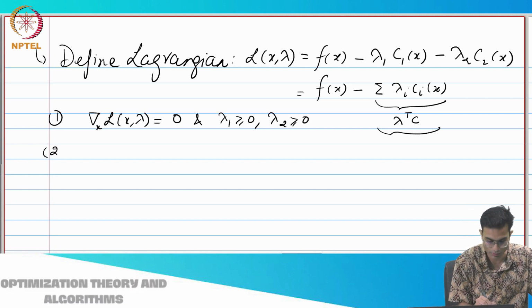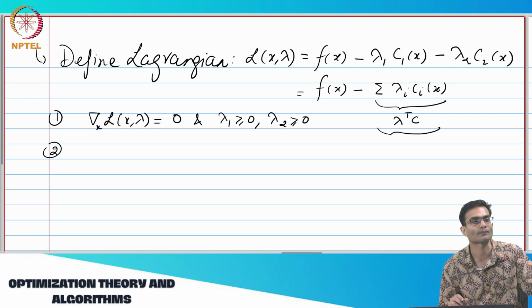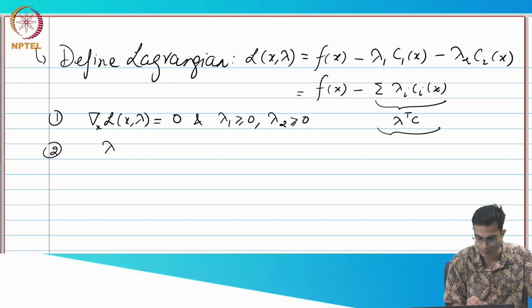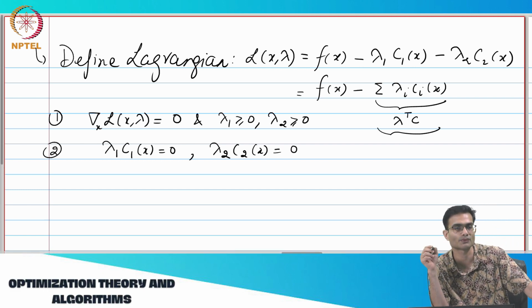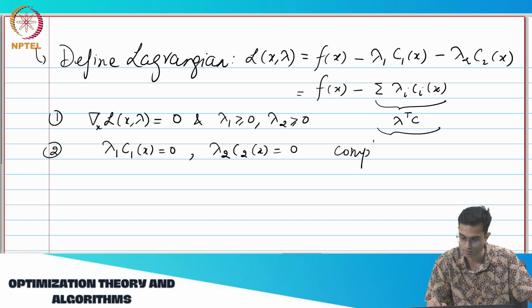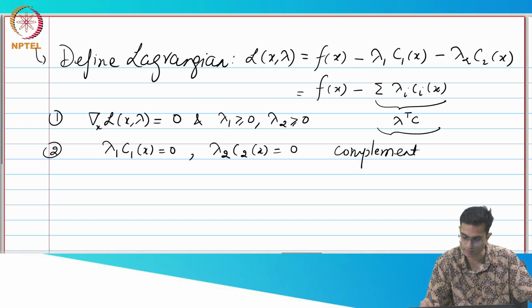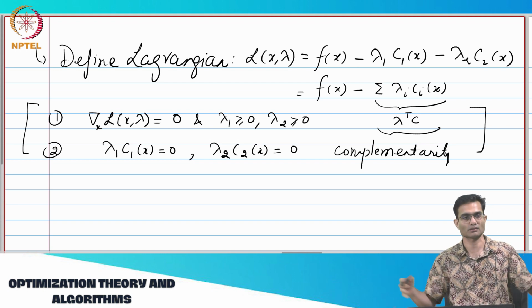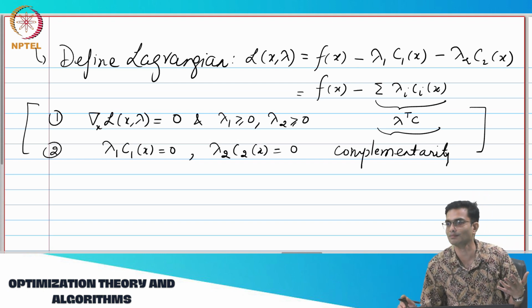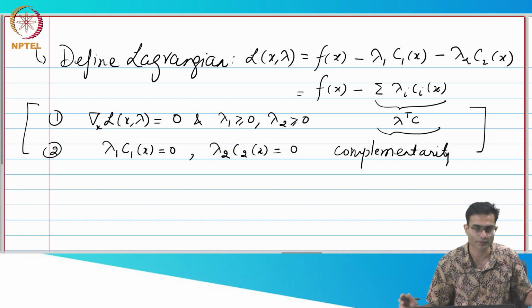Statement 2 was complementarity. Complementarity would say that lambda 1 C1 equal to 0, lambda 2 C2 equal to 0. So if you had more constraints, you would just keep expanding. If there are n inequality constraints, then you have n complementarity conditions.